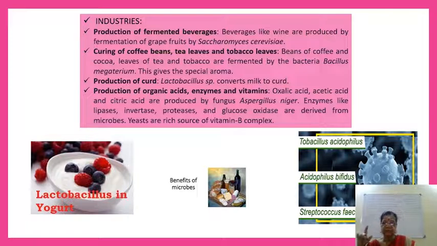Then production of curd by Lactobacillus species. Production of organic acids, enzymes and vitamins as oxalic acid, acetic acid and citric acid. They are produced by the fungus Aspergillus niger.